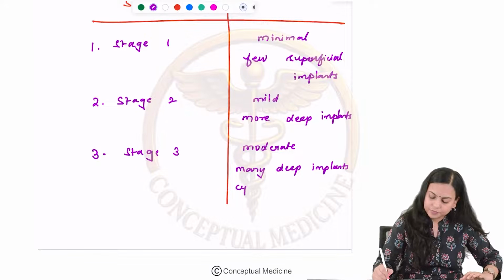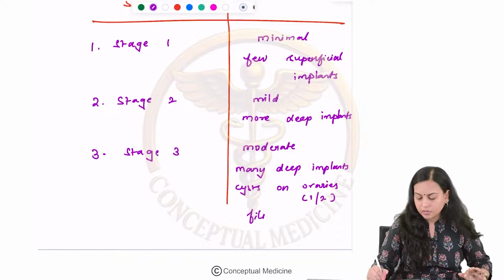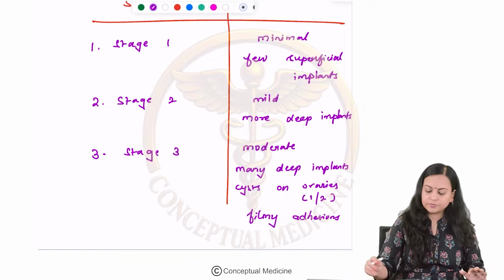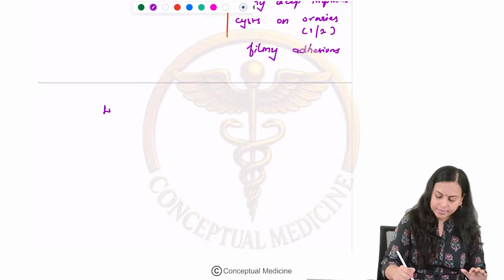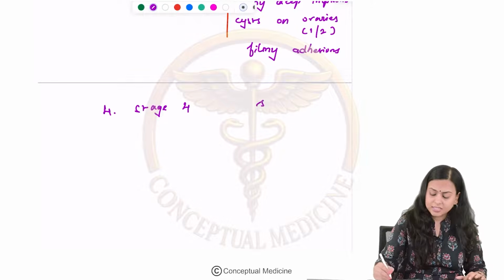There can be cysts on ovaries, either on one ovary or two ovaries. There can be presence of filmy adhesions as well. Okay, and finally it's stage 4 where the endometriosis is severe.